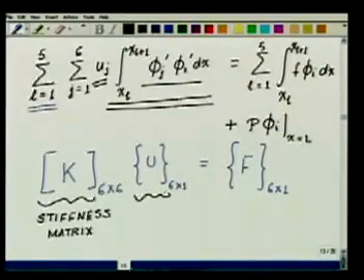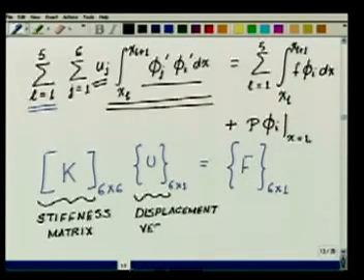This vector is called the displacement vector, and this vector is called the load vector.